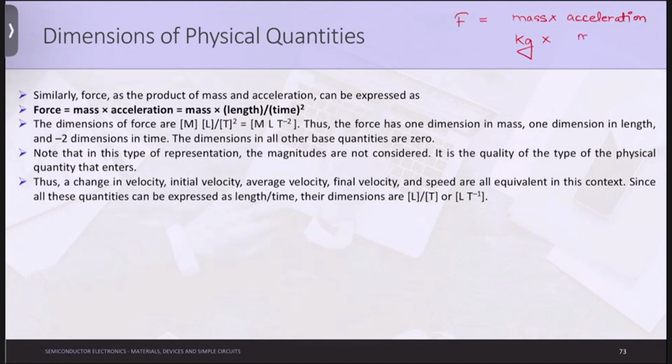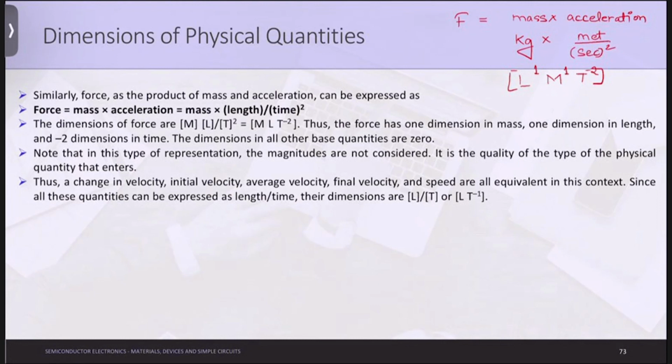So let me write it as meter per second squared. Okay, so if I write for L, M, T, then for length the power is 1, mass will be power 1, but time will be -2. Therefore, the dimension for your force would be L^1 M^1 T^-2.